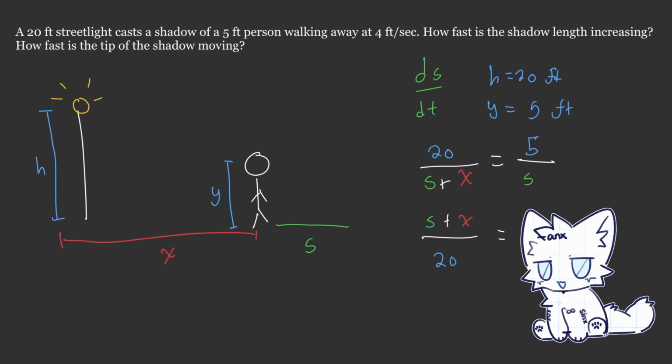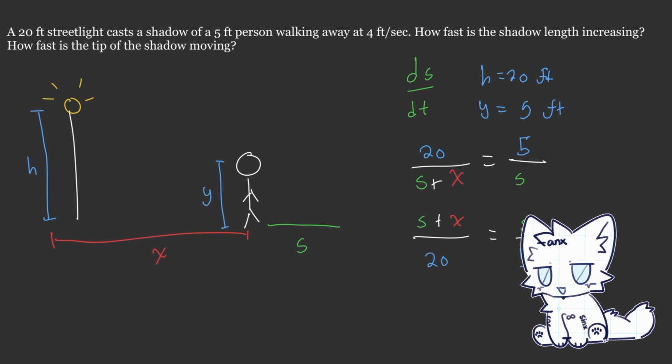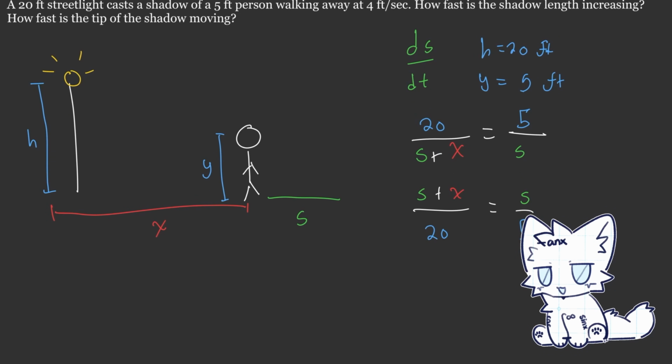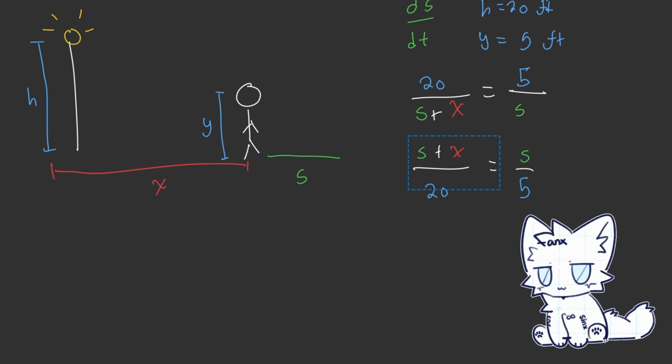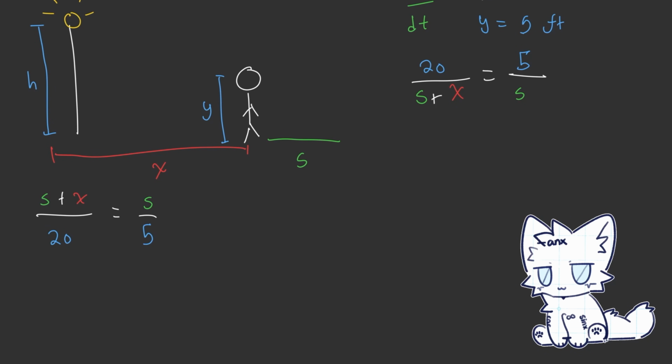Now, how fast is the shadow's length increasing? That means we only care about s. So let's get s in terms of x. Expanding this, that would be s over 20 plus x over 20.